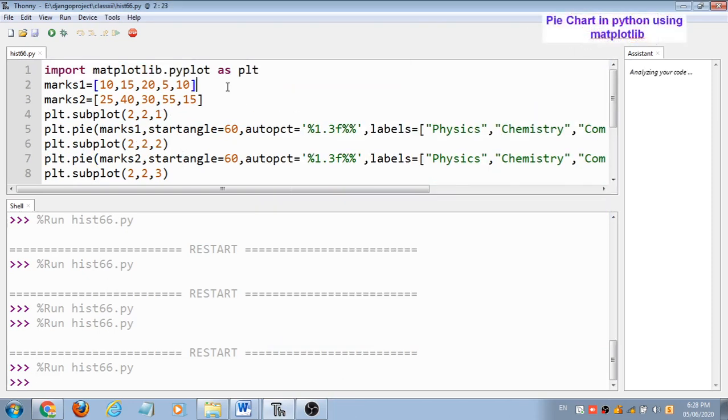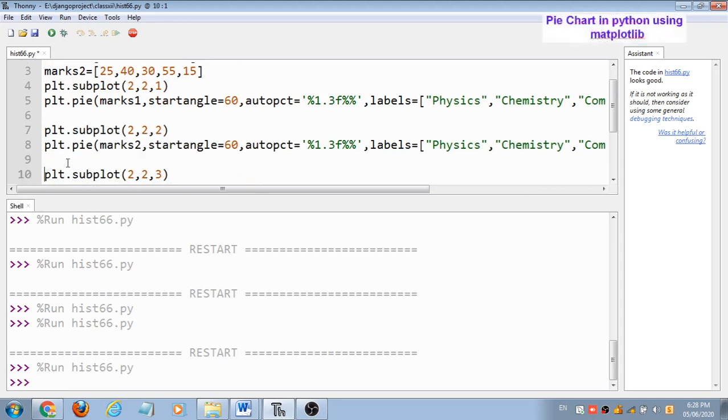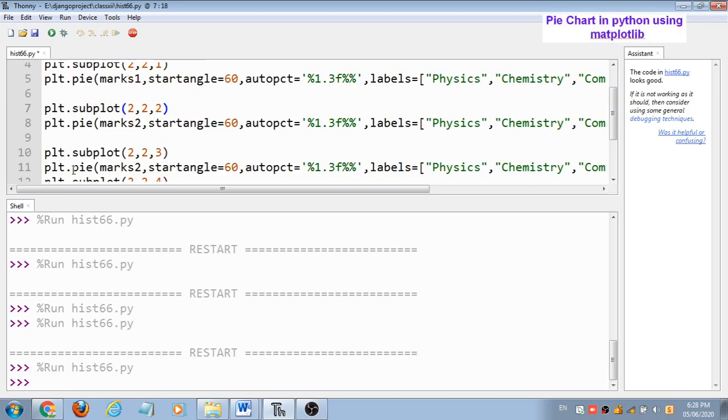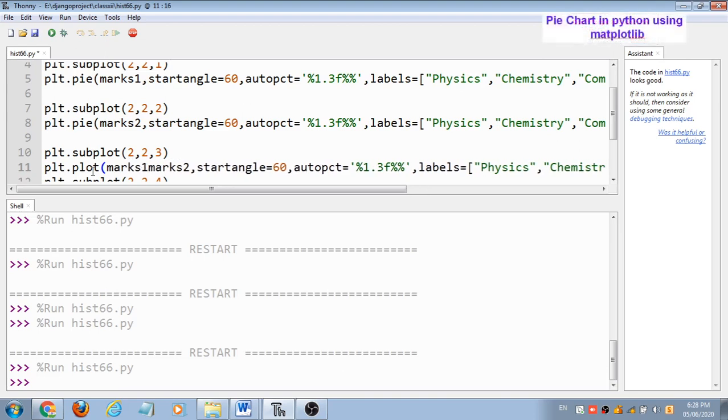Suppose I have this marks 1 and marks 2. Now this is the first plot area, 2, 2, 1. This is for the second, 2. So the first subplot is divided 2 by 2, then use the index only. Now suppose for the third one I want this plot, marks 1 comma marks 2.